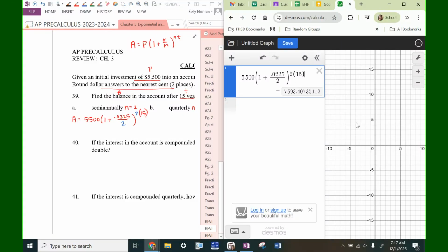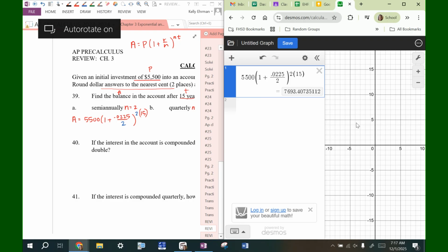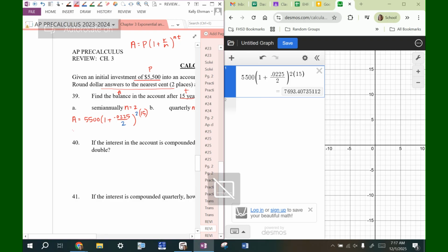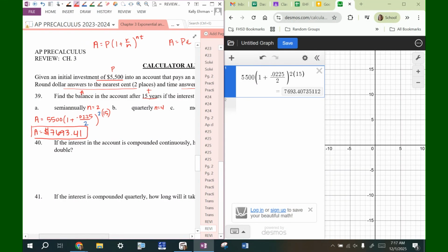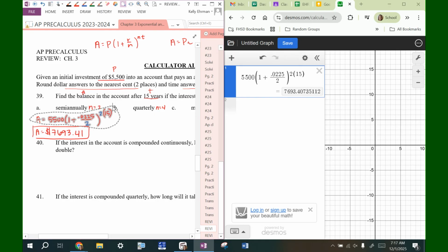So rounded to the nearest cent, I'm getting an answer of, with a dollar sign, 7,693.41. Now, the only thing that changes for quarterly is, let me see if I can copy this.